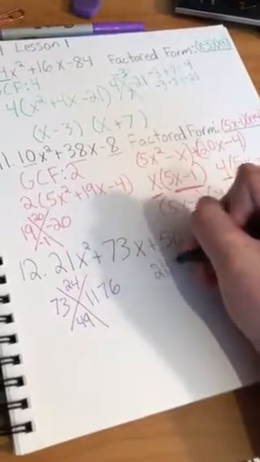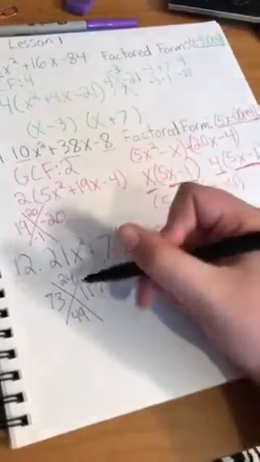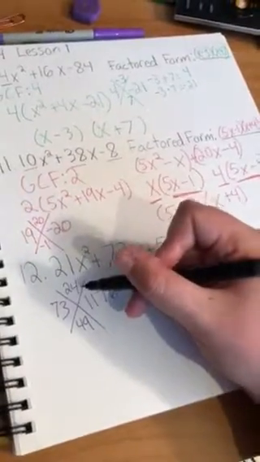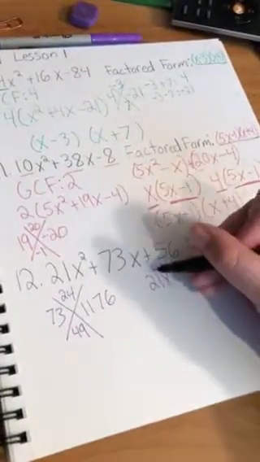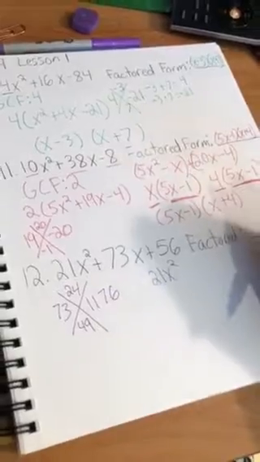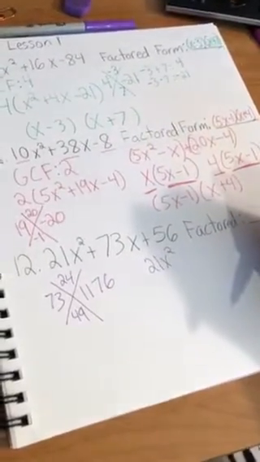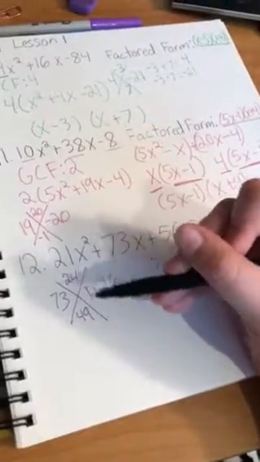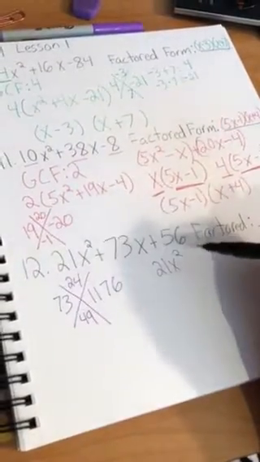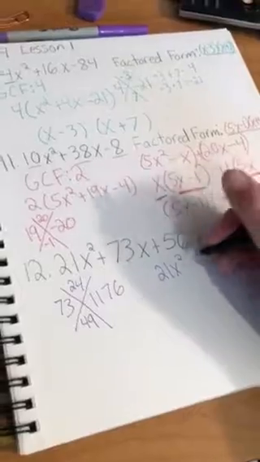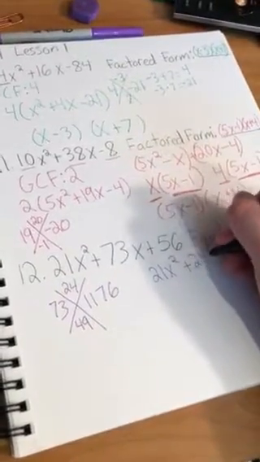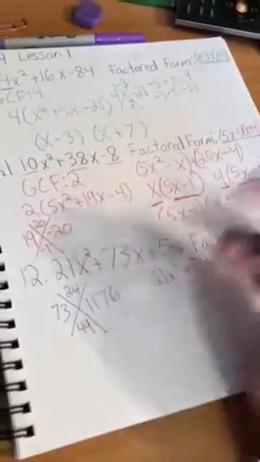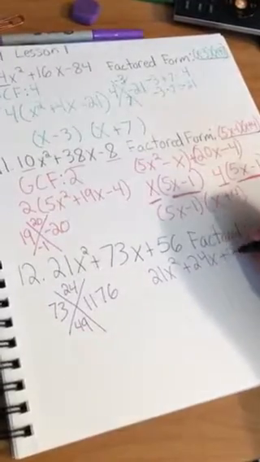So 21x squared. And then again, unless you can look at this and see what can go into that 21 and what can easily give you a greatest common factor, you kind of have to guess and check which one goes up with which term. So I'm going to put 24x first, and then the 49.